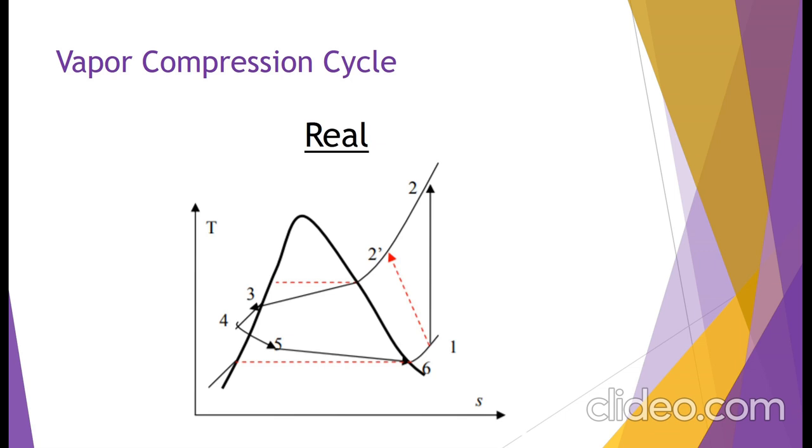We know as we go between these steps, we can't do that at constant temperatures or constant enthalpies. So as you can see on this graph, as we're going from steps 2 to 3, we don't have a constant temperature like we did in the ideal TS diagram. Same for 5 to 6.